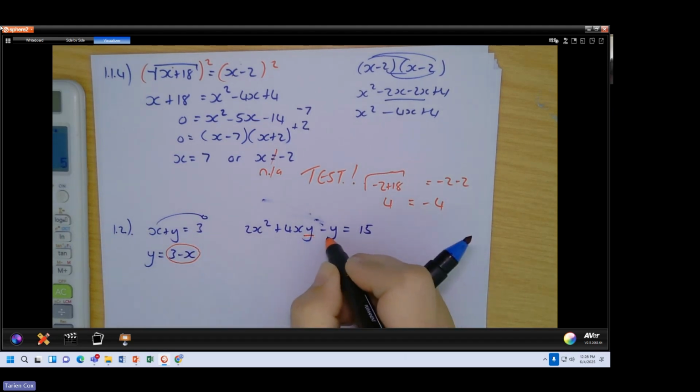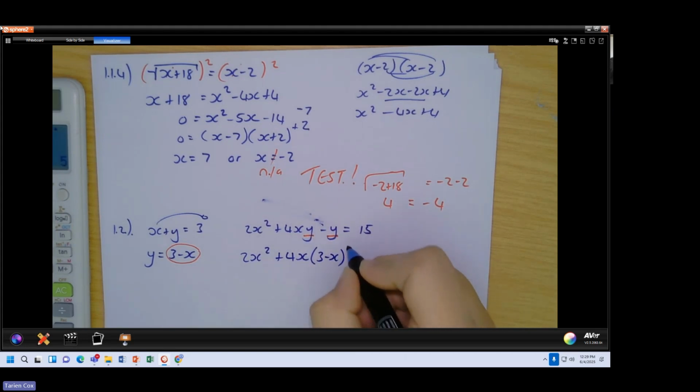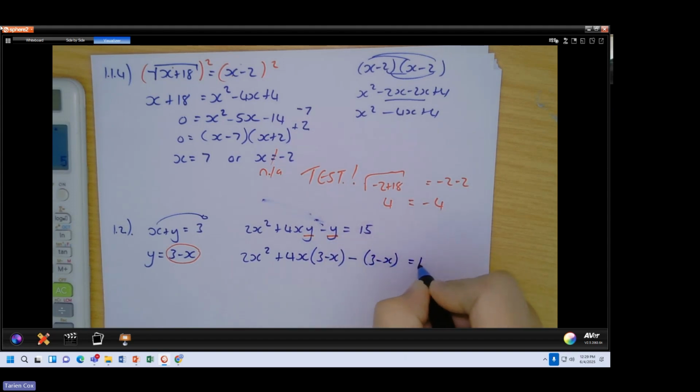And I will replace the y here, and I will replace the y there, which leaves me with 2x squared plus 4x, and instead of writing y, I will write 3 minus x. Minus, and instead of writing y, again 3 minus x.